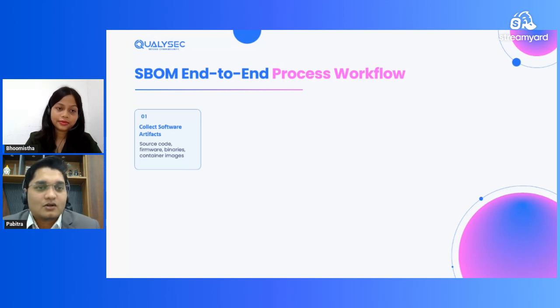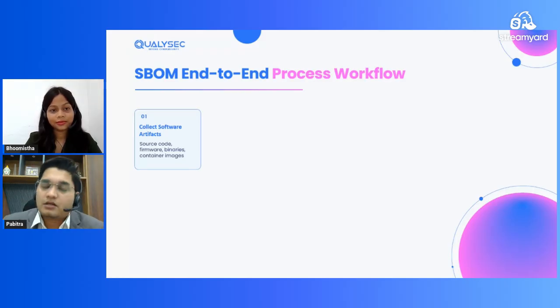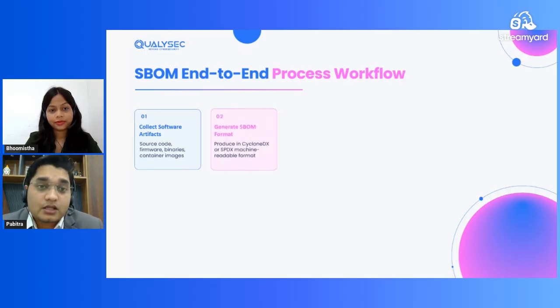So we have to collect the software artifacts, for example source code, firmware, binaries, like the OS. Then we have to generate the SBOM format, and the FDA recommends that the SBOM format should be CycloneDX or SPDX, in a machine-readable format.